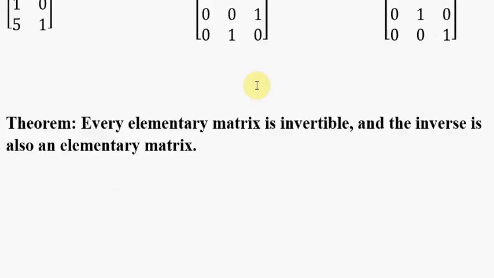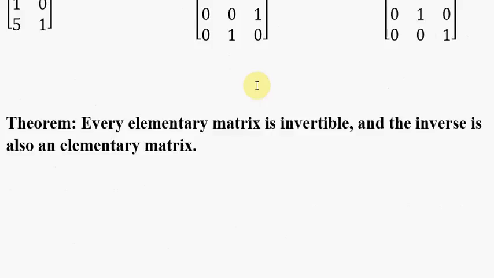Very basic, but most profound. Every elementary matrix is invertible, because remember, the identity matrix is invertible. So if I perform an elementary row operation to the identity matrix, then obviously that result is also invertible. And the inverse that you get is also an elementary matrix.